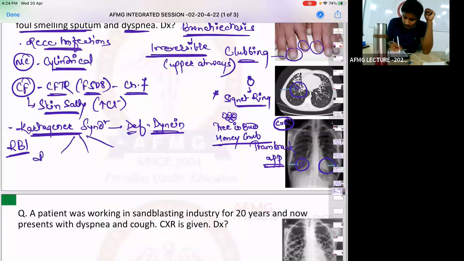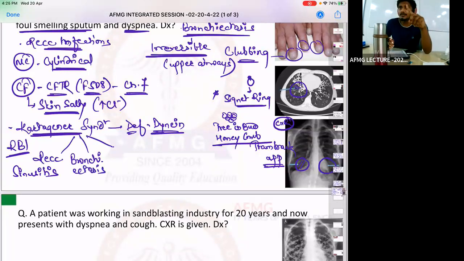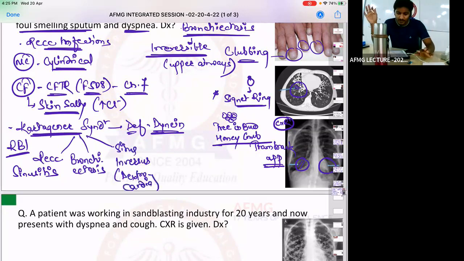So R goes for recurrent sinusitis, R goes for recurrent bronchiectasis, and I goes for situs inversus. I goes for right-sided heart, which is called dextrocardia. So that is the triad of Kartagener syndrome.